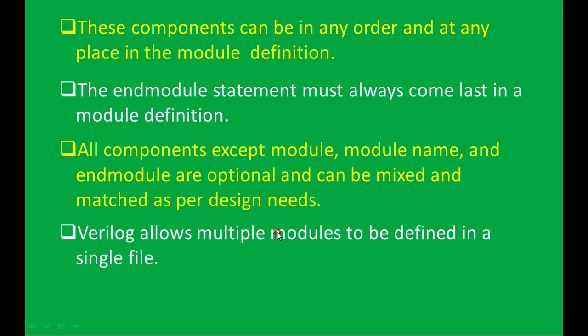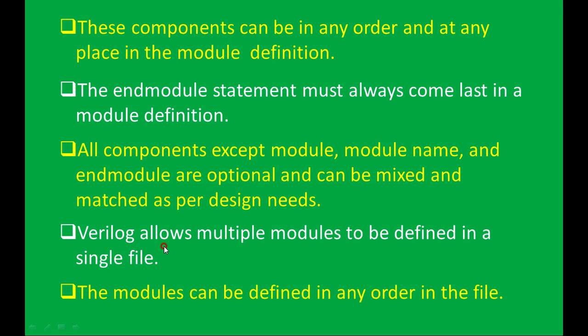Verilog allows multiple modules to be defined in a single file. In a single file I can write multiple lower level modules as well as the test bench. That is also allowed in Verilog. The modules can be defined in any order in the file. So you can write the lower level module first, then the higher level modules, then at the end you can write the test bench, which is generally a top level module.